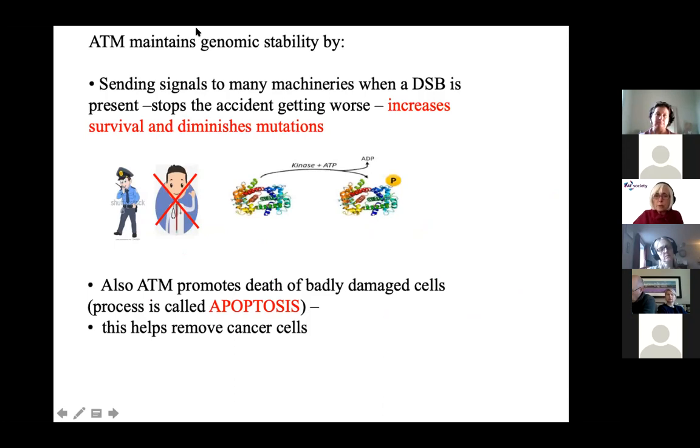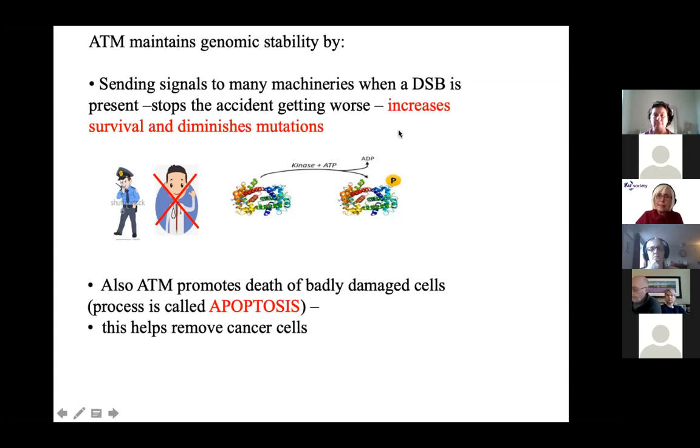So this really is just to remind you how ATM is doing that. Remember, I told you that it can be more like a policeman than the doctor. And what it does is add this little, what we call phosphate group. It phosphorylates other proteins, and that can change how they fold and shape and change their function.